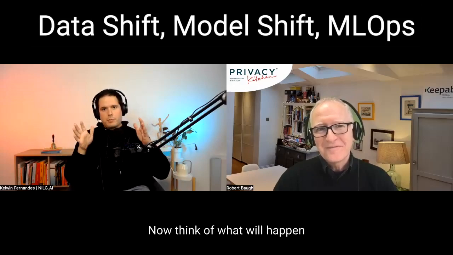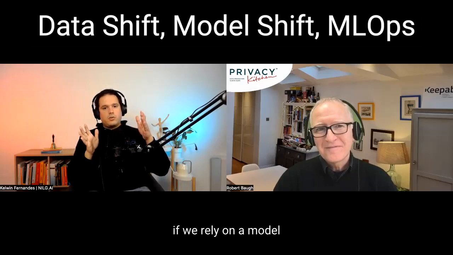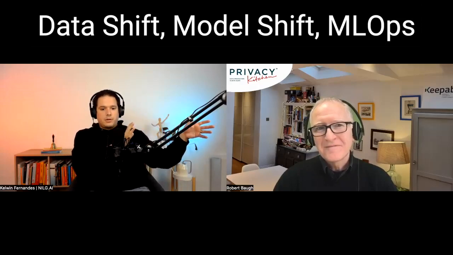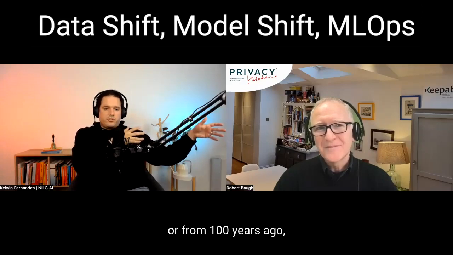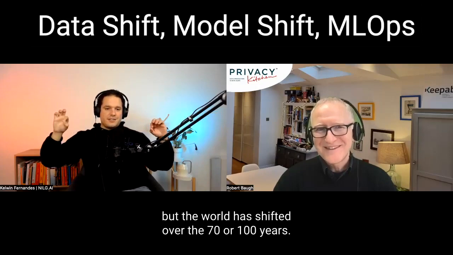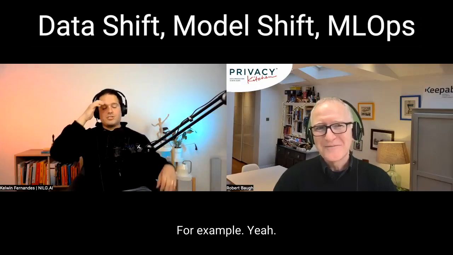Now think of what will happen if we rely on a model that was trained on data from 70 or 100 years ago, because the model will be static at that point, but the world has shifted over these 70 or 100 years of evolution, right?